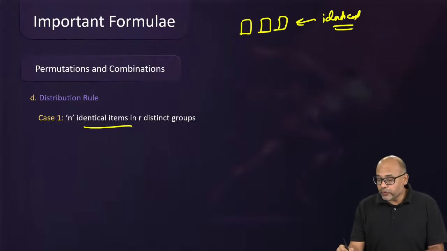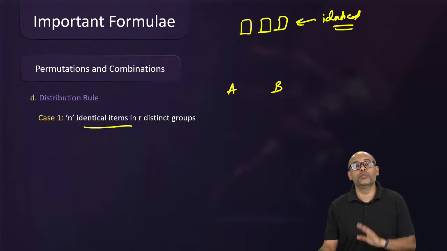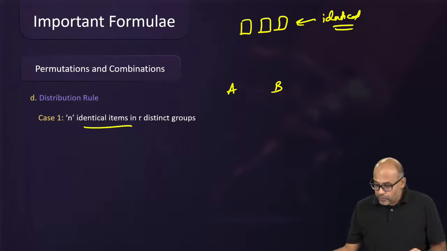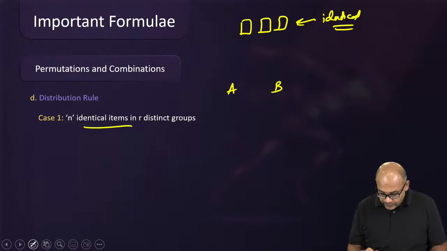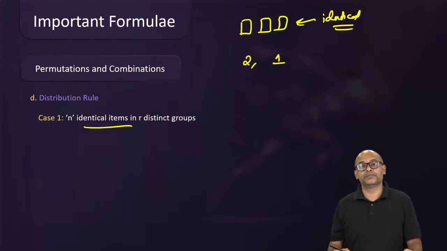I want to form 2 groups, group A and group B. So I want to form this into two groups, a group of 2 and a group of 1. How many ways can I do that?